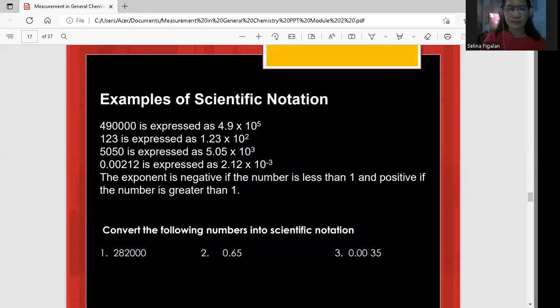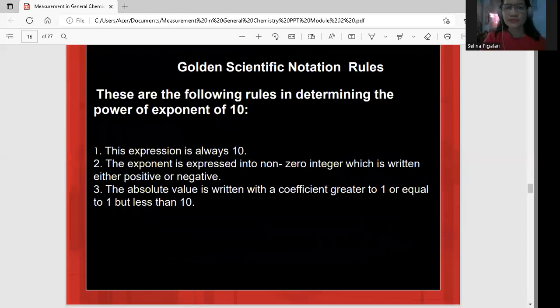Okay, sorry. Yes. This one, golden scientific notation rule. So, pag sinabi siyang scientific notation class, it is expressed in 10 to the third power, there is an exponent. So, this expression is always 10. The exponent is either a non-zero, which means 1, 2, 3, 4, 5, 6, 8, and 9, but can also be written in positive or negative.